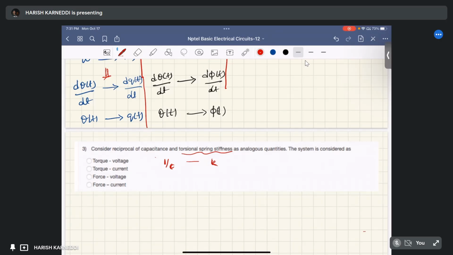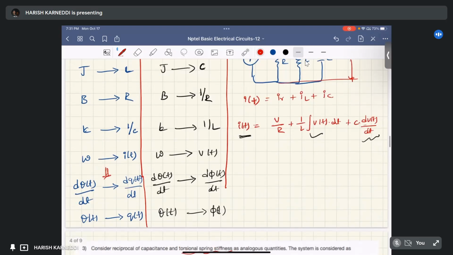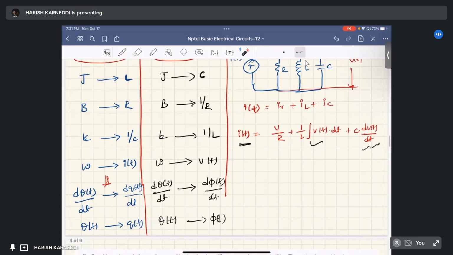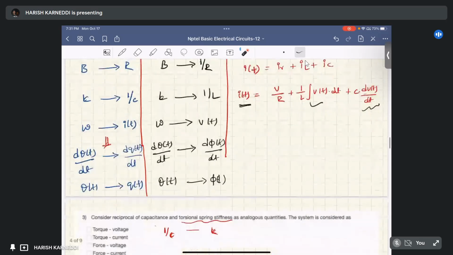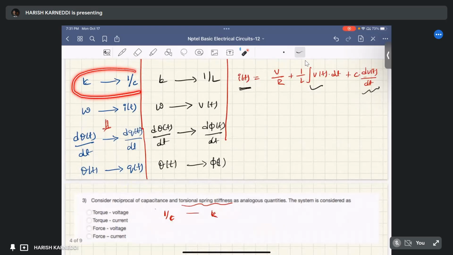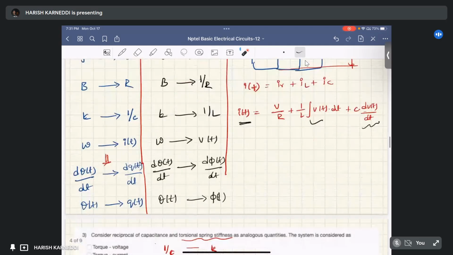We already have the torque voltage and torque current characteristics, so we can compare here. From this we can say that K is analogous to the reciprocal of the capacitance. So we can directly say it is a torque voltage analogy.